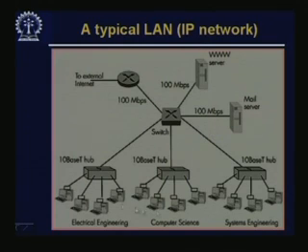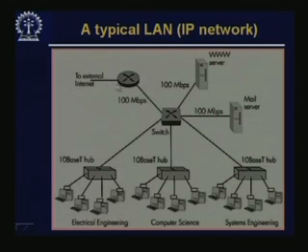So, this is what the LAN part looks like, and of course, nowadays nobody would want a LAN which is just standing by itself. People want to connect their LANs to the so called internet, which is the great network of networks. We will talk about the internet later, but if this is one network, there may be millions of other networks in other places, and we want to connect to them also.